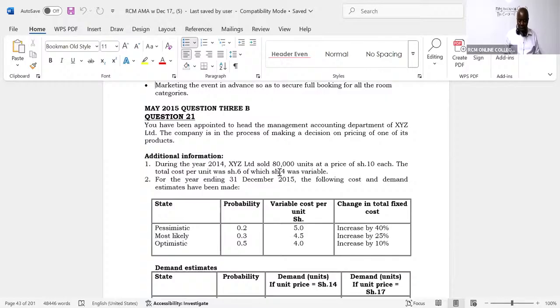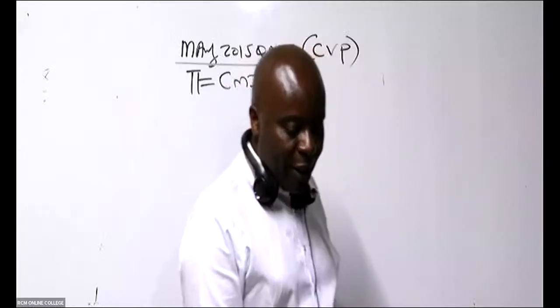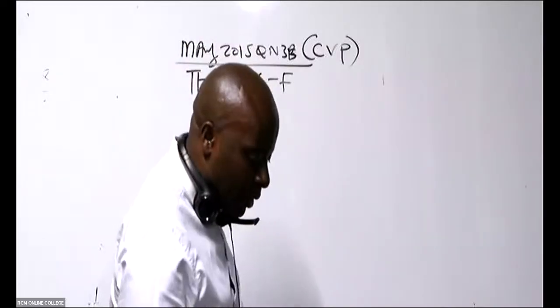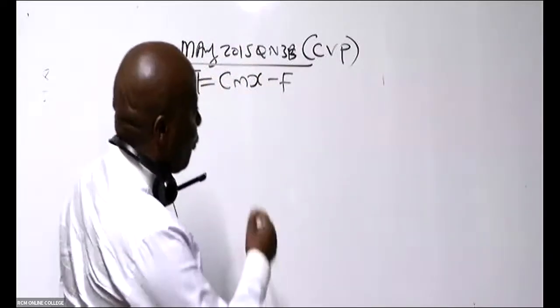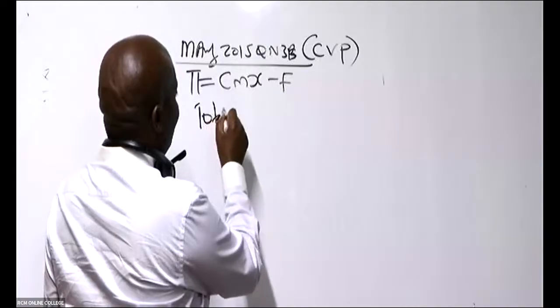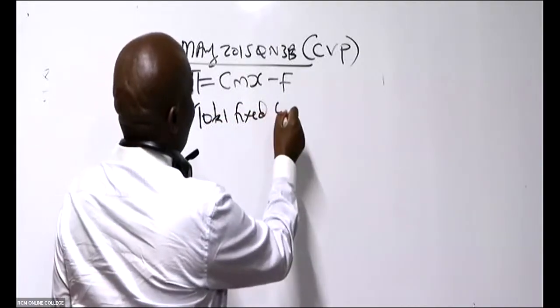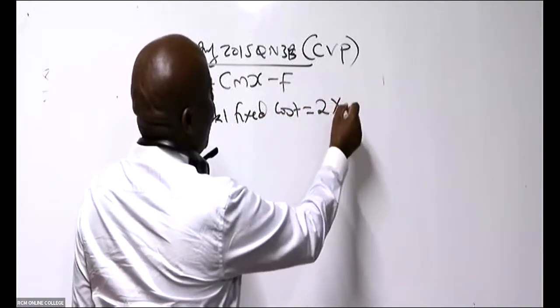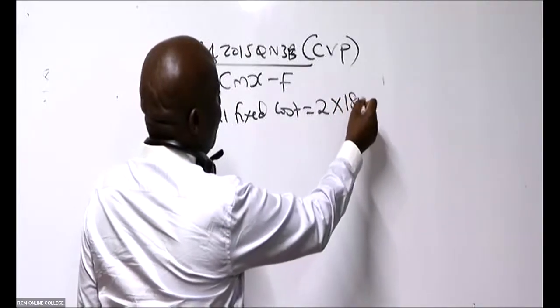Because you see, 6 is the total cost and then variable is 4. So in that case, ladies and gentlemen, I can very comfortably say that my total fixed cost is 2 times the current output level.